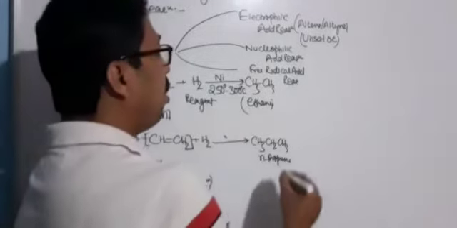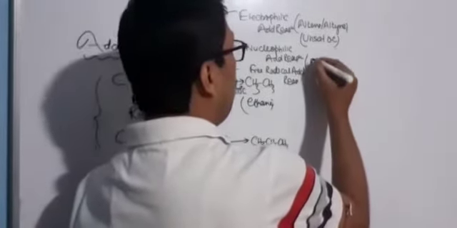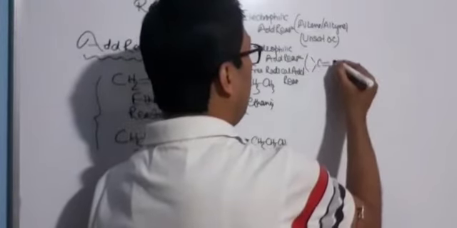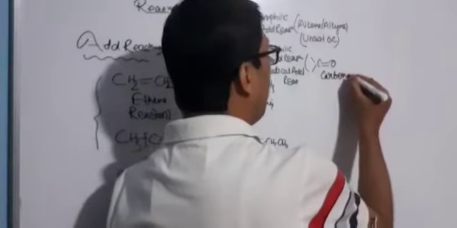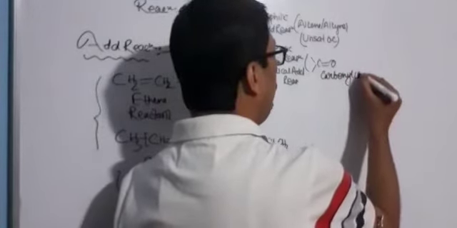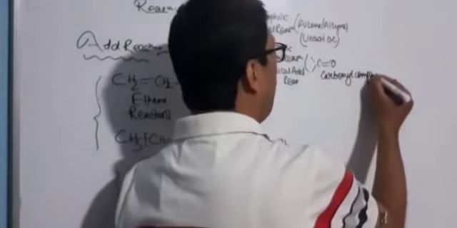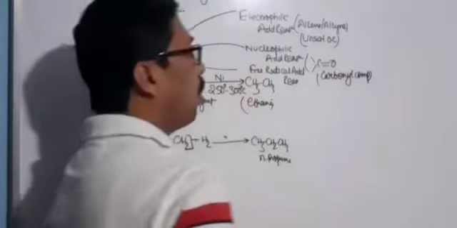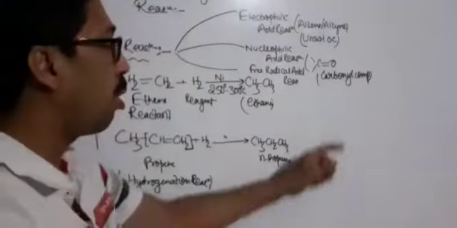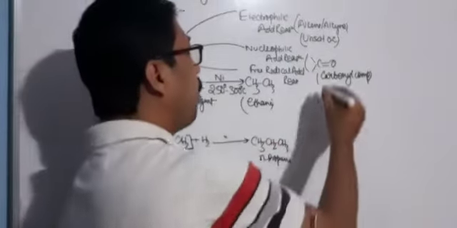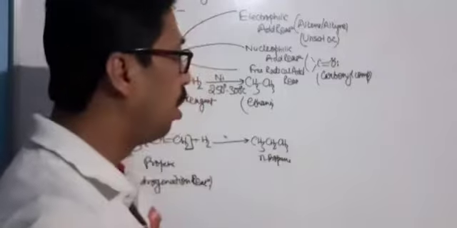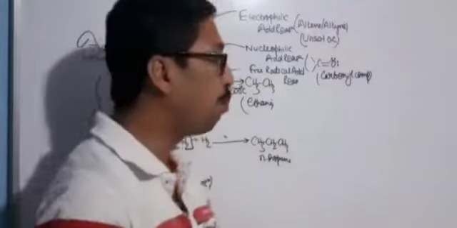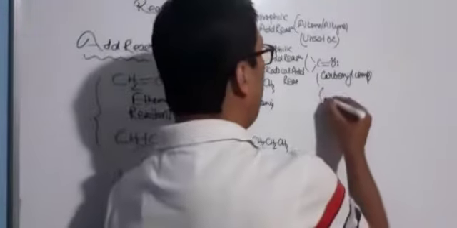Now the second one is nucleophilic addition reaction. Nucleophilic addition reaction is mainly shown by carbonyl compounds. And what type of compounds are known as carbonyl compounds? The compounds which consist of a carbon-oxygen double bond are known as carbonyl compounds.